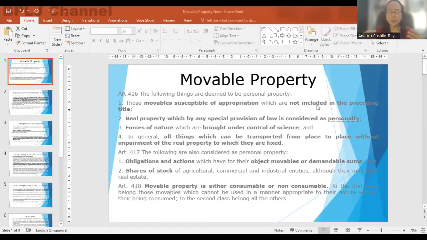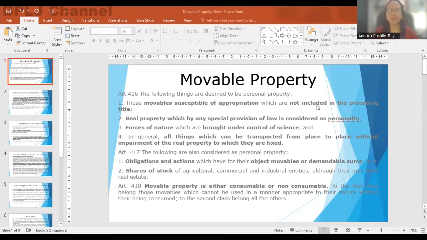So if you use the thing, then it is consumed and therefore it disappears. Okay, to the second class belong all the others. So non-consumable properties, it is not destroyed by use. It is not destroyed by appropriation. You still have the property.